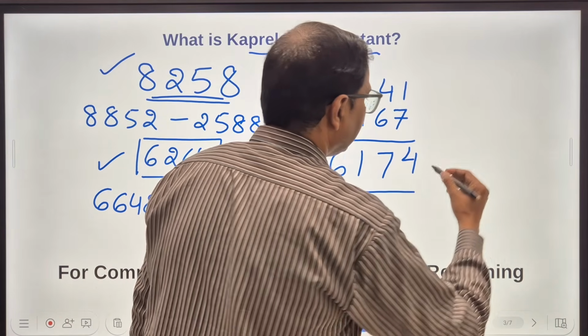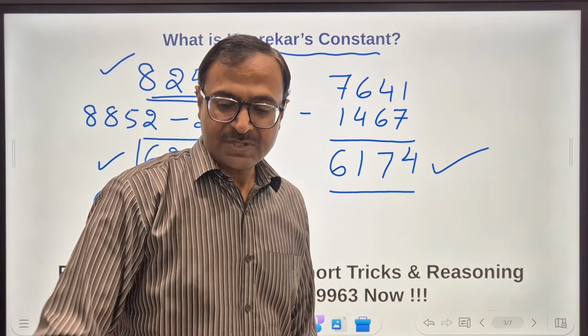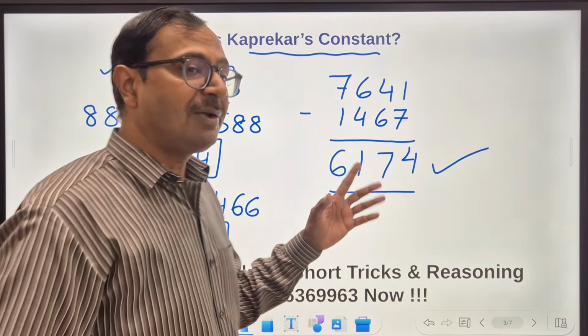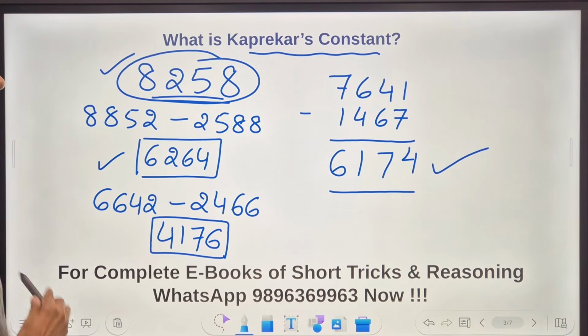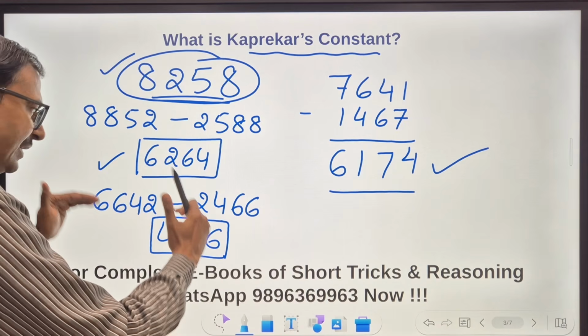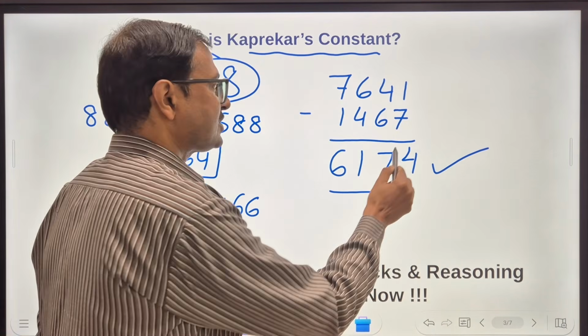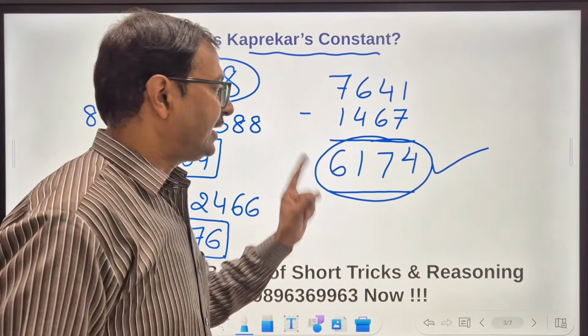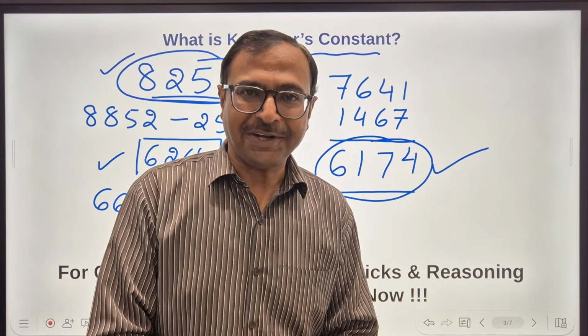And here we get a special number called the Kaprekar's constant, 6174. Whatever number you start with, if you repeat these sequence of steps, you will always get to 6174, and therefore this number 6174 is called the Kaprekar's constant.